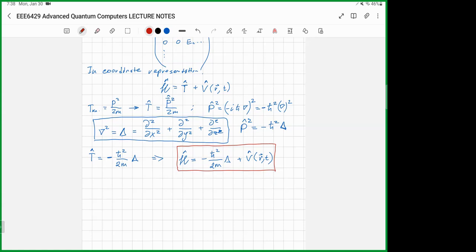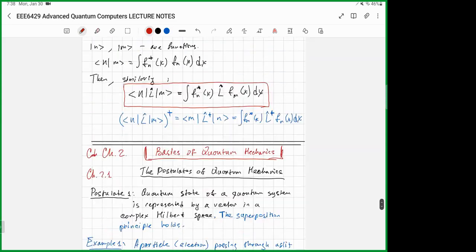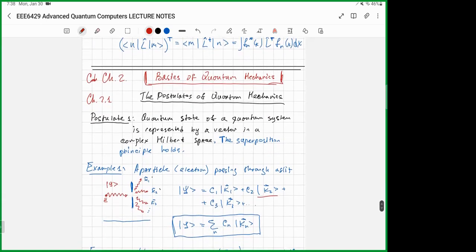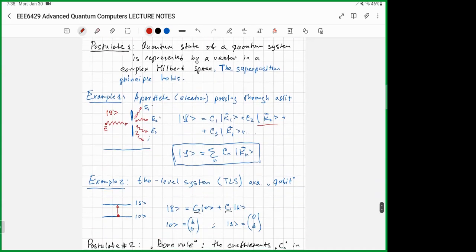So let me summarize what we discussed today, just briefly. About the basics of quantum mechanics, first we say that a quantum system is a system that is in a quantum state.